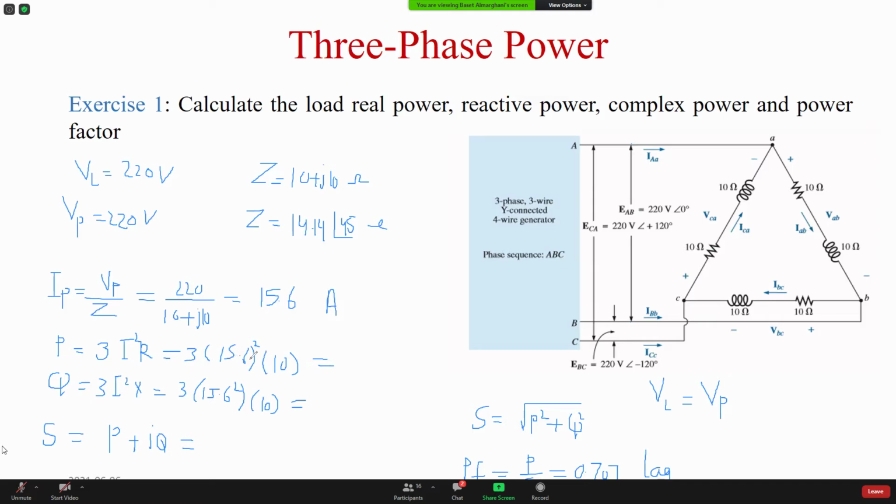Three times 15.6 squared times 10. How difficult is this?